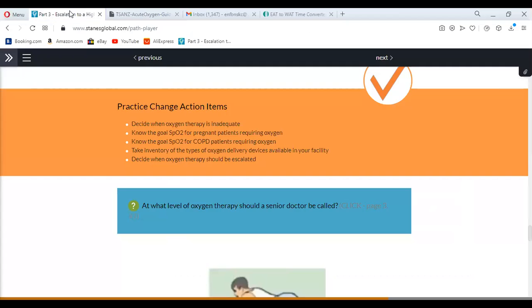Because by the time, from the available resources, you cannot improve on the oxygen therapy, then it means the patient needs a higher level of care. At that point, one should consider referring the patient. And for that to be effected, then there is a need for a review by the senior. So any patient that requires a face mask instead of the nasal cannula to attain the SpO2 goal, then a senior doctor should be notified.